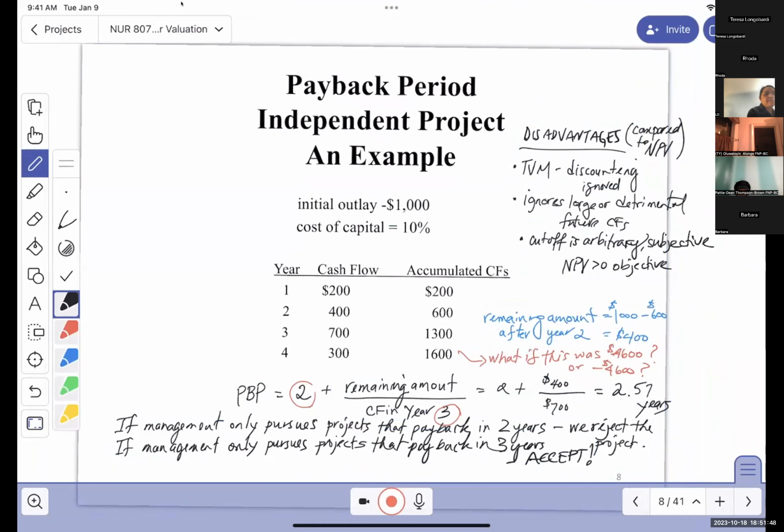Okay, so those are 3 disadvantages, and we can fix the first one by actually discounting. We can fix the second one by just presenting payback period with the NPV analysis because they're 2 different pieces of information, right? This is interesting information to the decision makers.